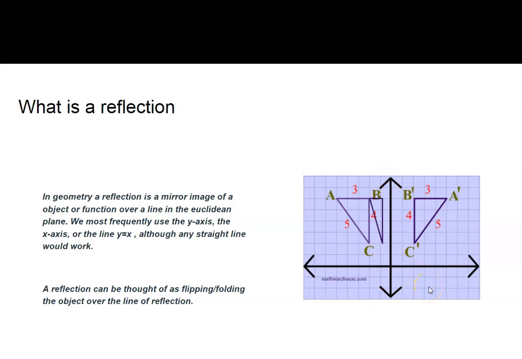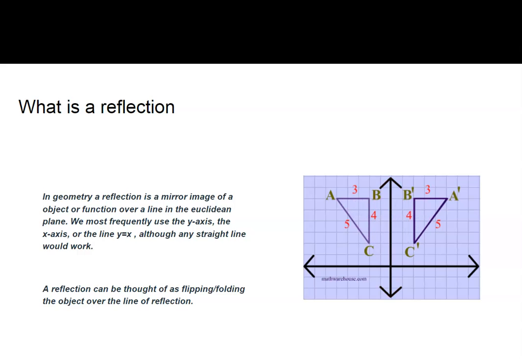If I was teaching this in person, I would actually have a folded piece of paper, show them how this would work. You could do it with a transparency, thin paper that you can see through, and basically demonstrate how it would look going across the y-axis, how it would look going across the x-axis, and then we could do the y equals x, also showing them how a diagonal would look.